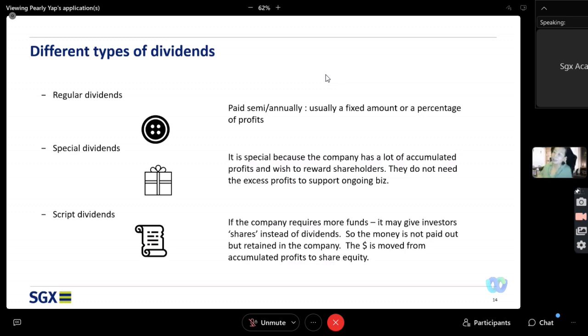Now there's another unique concept called scrip dividend. Scrip dividend, okay? Which means dividends in the form of shares. Dividends in the form of shares. So for example, the company still declares a dividend, right? But then they tell you, hey, I give you dividend, but if you want to invest back in my company, it's okay as well.